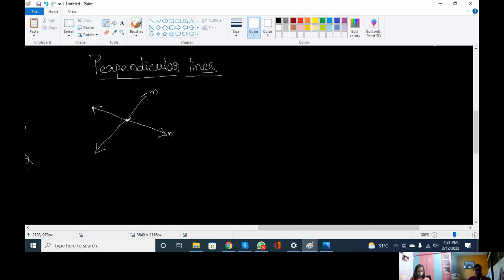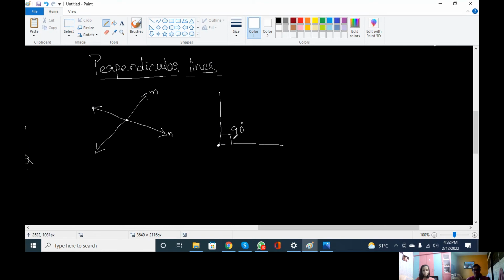When two lines intersect and make an angle of 90 degrees, we say those two lines are perpendicular to each other. You know already, right angle means like this, exactly 90 degrees. Yes, ma'am. Okay. So here one line is meeting the other line at a common point and making 90 degrees.